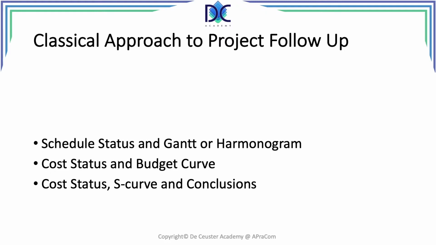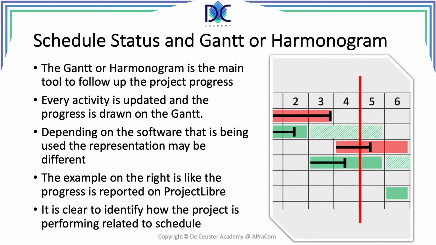And then it is very important to see what conclusions we can draw from the position of the cost spent relative to the cost planned. The schedule status in a Gantt chart or a harmonogram depends on the representation and the program that we are using.